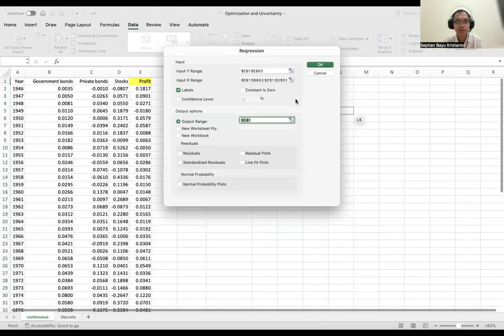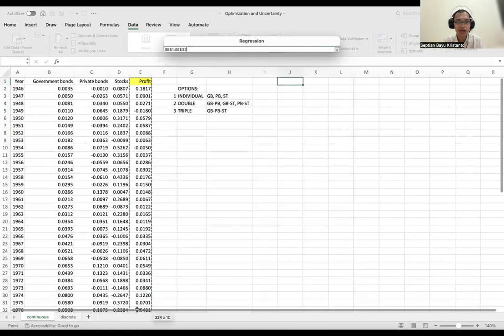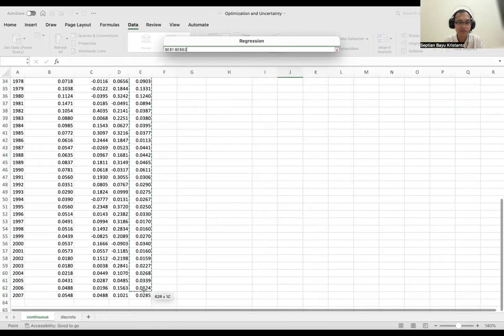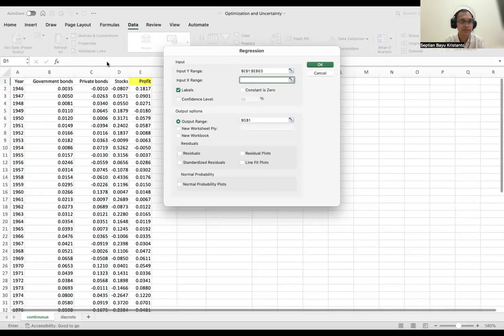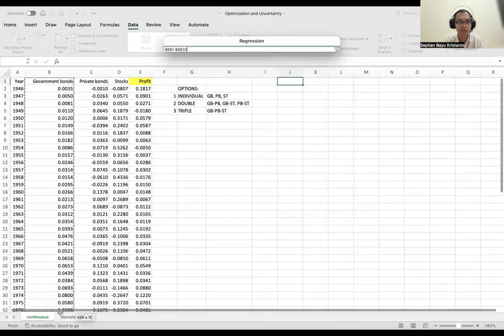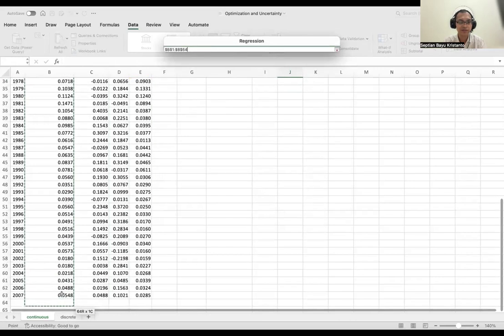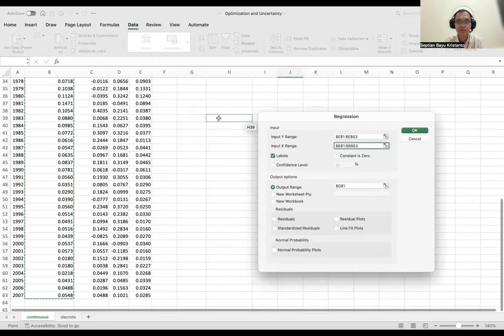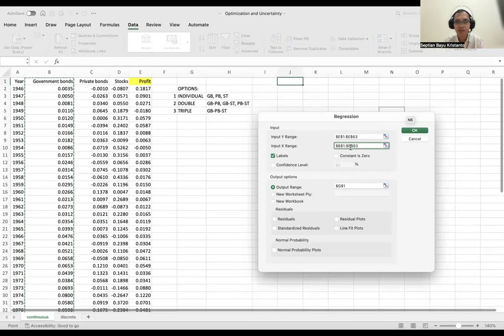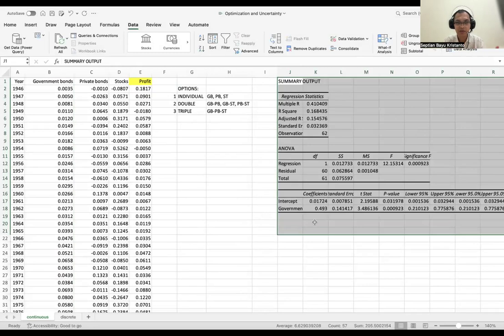Okay, let's start with the individual analysis. For the individual analysis, we need to analyze the profits. Start with government bonds only. Let's say we take this one, this is for government bonds only.